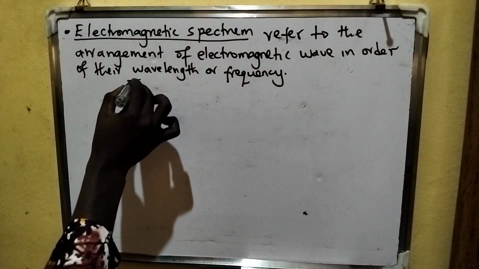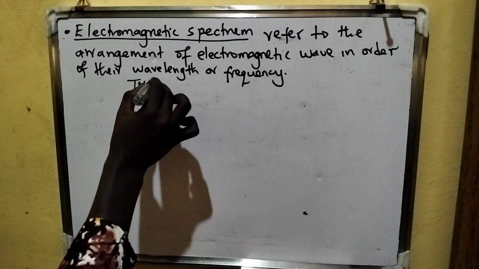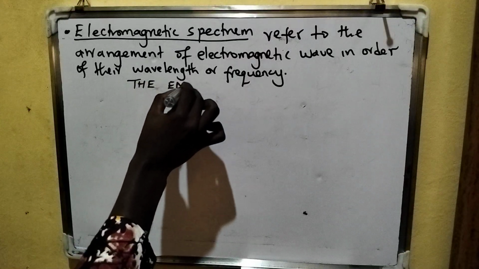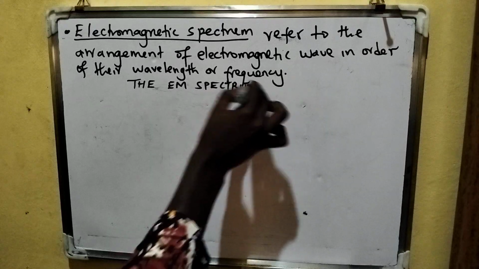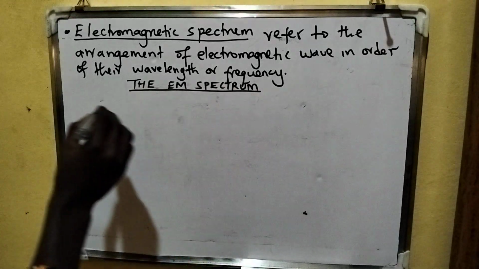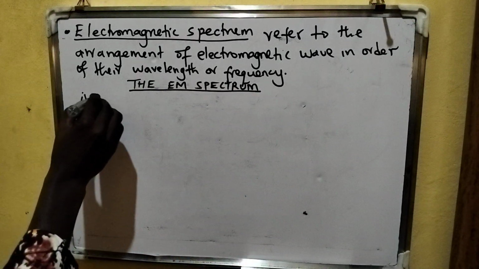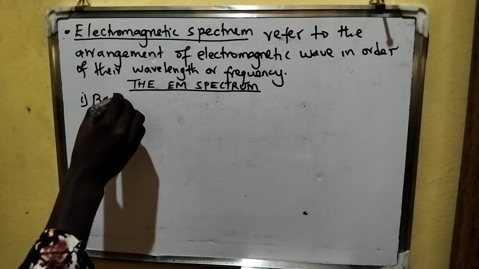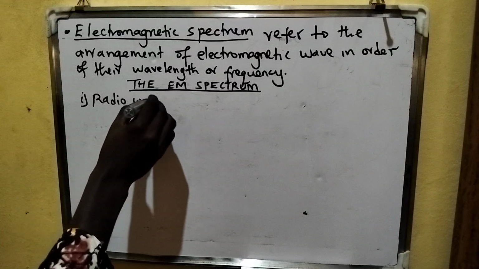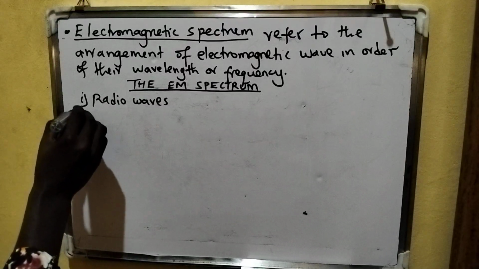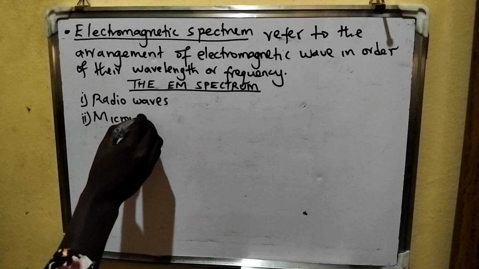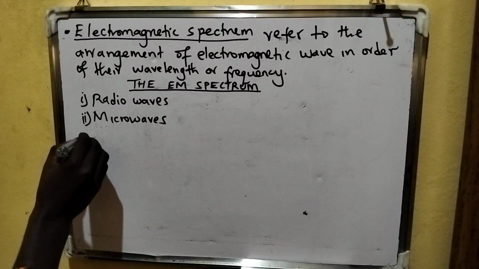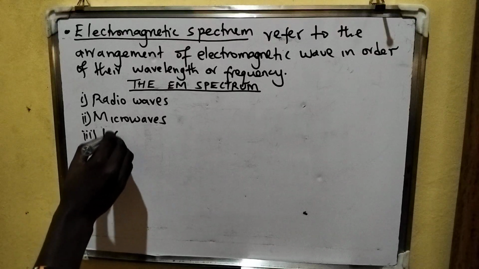So let's have the spectrum itself, the EM spectrum. The first one will be radio waves. Number 2 will be microwaves. Number 3, infrared.